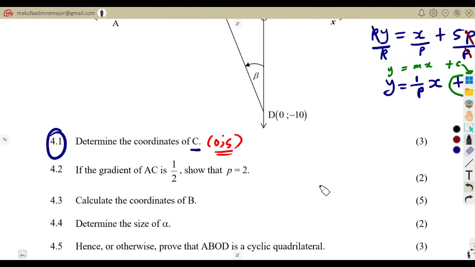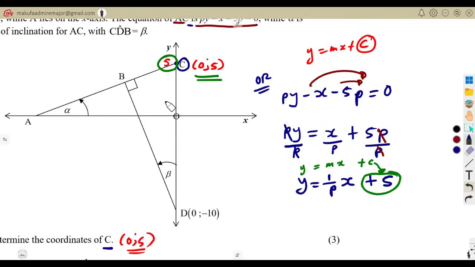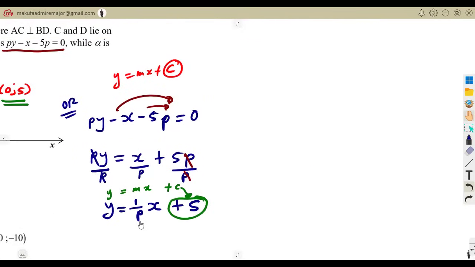All right. Then on another question, if the gradient of AC is 1 over 2, show that P is equal to 2. If the gradient of AC, remember the line AC, we just have the point C now. We do not have point A. But they want us to find the value of P. Where is P? P is on the equation.